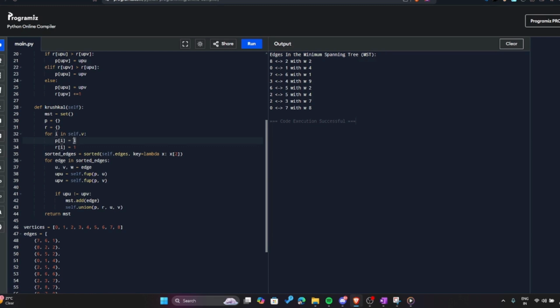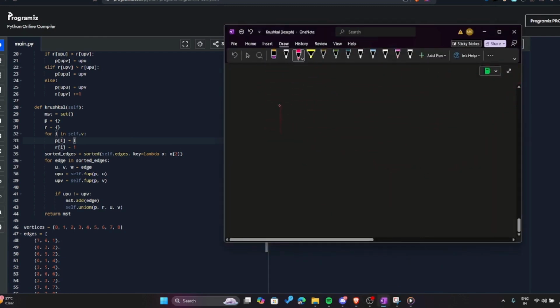So node 0 is going to be the parent of 0 itself, 1 is going to be the parent of 1 itself, and things like that. So it'll become 0, 1, 2, and 3.